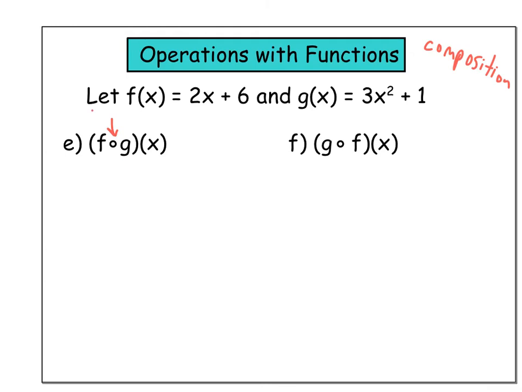So this is read as f of g of x. What it really means is f of g of x. And the other one's just the other order. It's g of f of x.